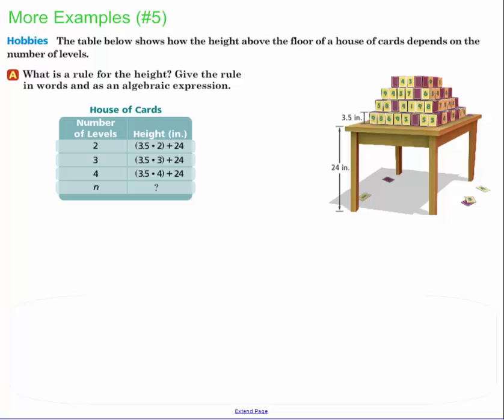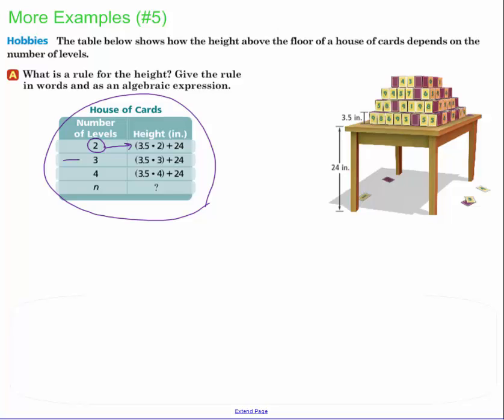So what we have is a table that shows us the rule for the height. It shows us how if we know the number of levels, we can figure out what is the height of the house of cards. So if you look carefully at what's happening in the height column, you can see that we're taking the number of levels, which is 2, multiplying it by 3.5, and then adding 24.